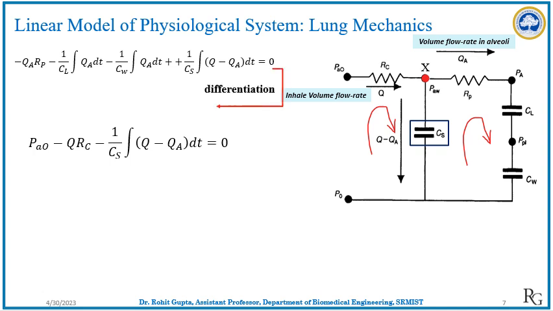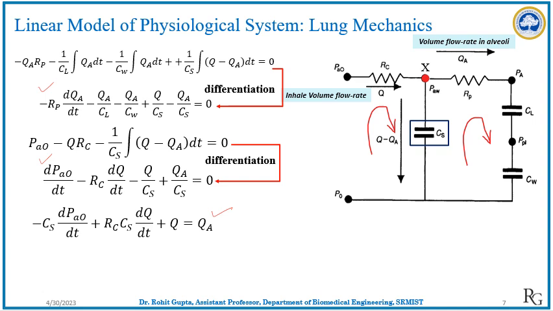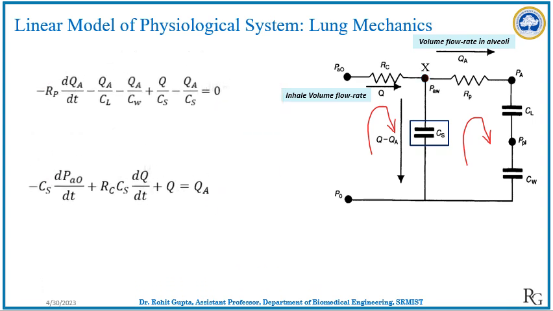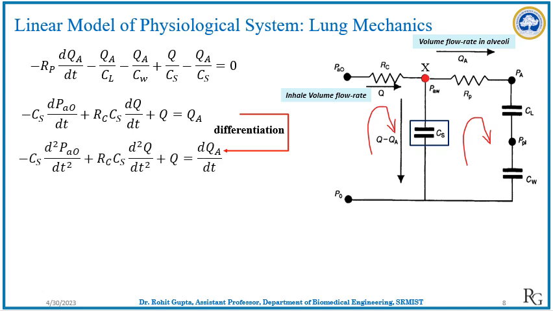Now we differentiate both of these equations and we will get this and this equation. These are just the differentiation of the derived equations. From this equation we can get the value of QA, and to get the value of the differentiation of QA, we again differentiate this particular equation.